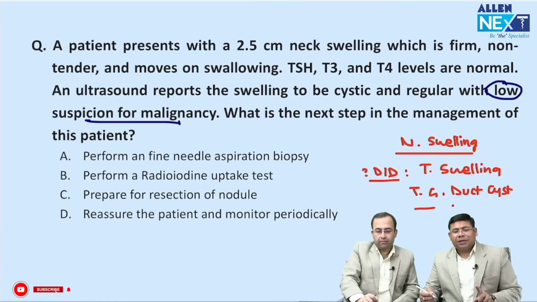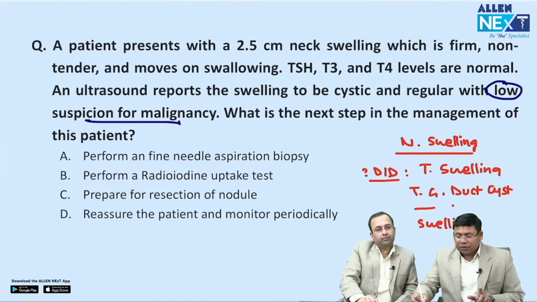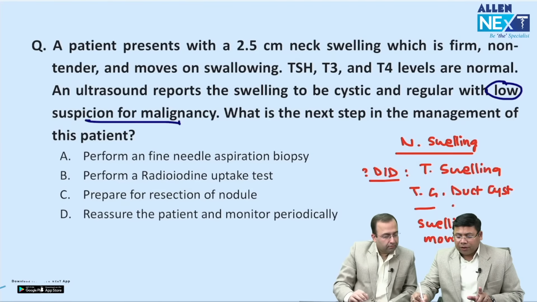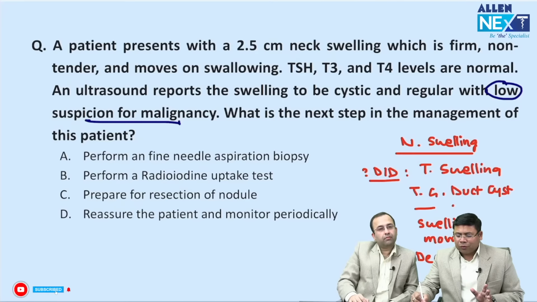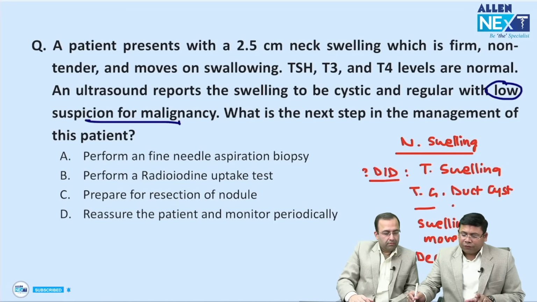So in this question, it is fairly written that the swelling moves with deglutition. This is very important because everything is included under the pretracheal fascia. So if it is moving with deglutition, we can say this could be a thyroglossal duct cyst also versus thyroid swelling.